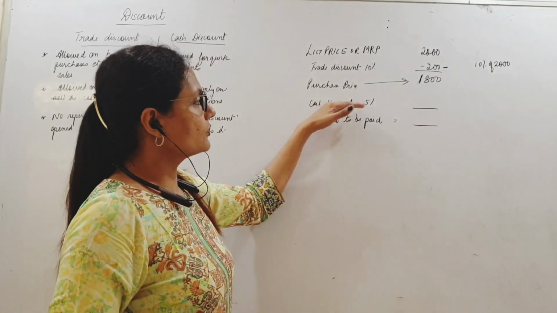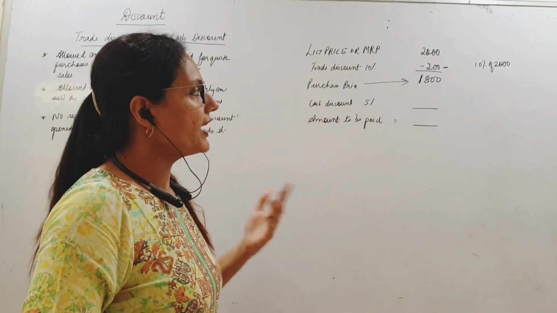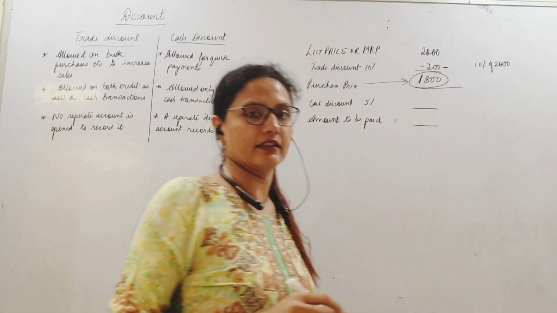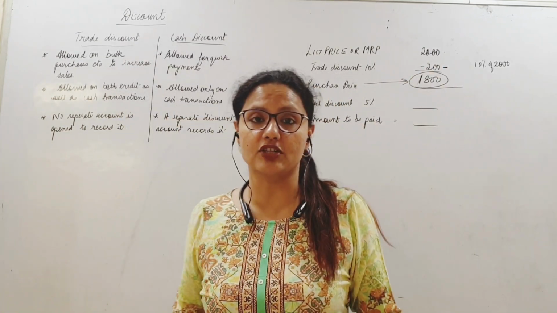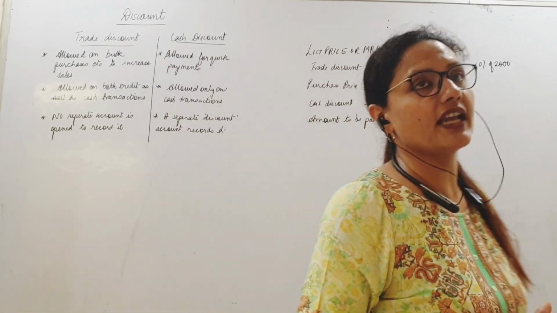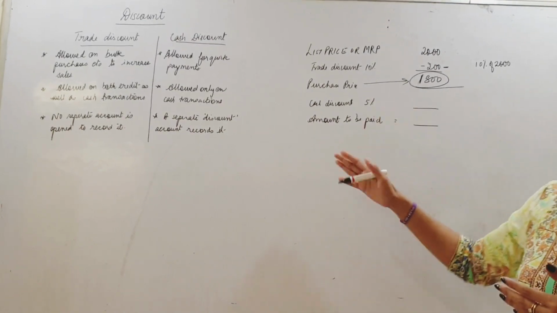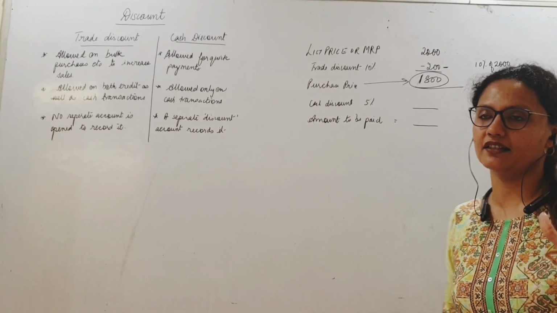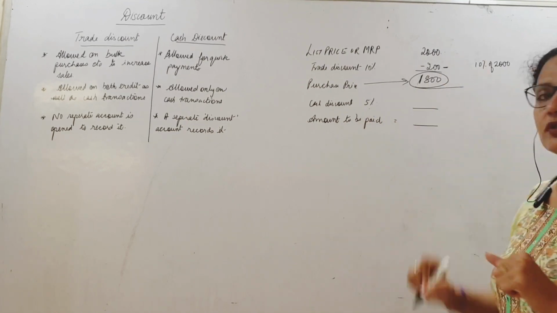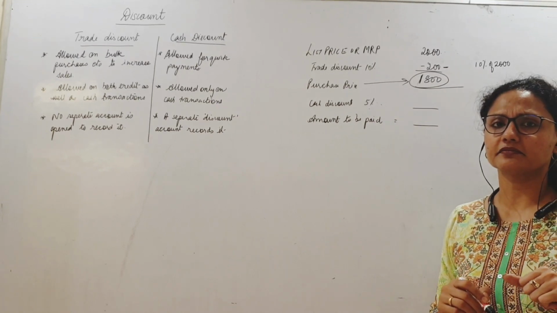But he is also allowing us a cash discount of 5%. So if I do not pay cash, तो मुझे 1800 पे करना पड़ेगा later, if it's a credit transaction I am entering into. But if I am paying cash at this point of time, I will obviously pay less because I will get a further discount of 5%. ठीक है? तो 5% of which amount? Will it be 5% of 2000 or will it be 5% of 1800?